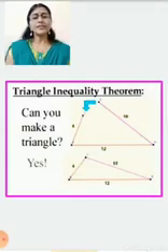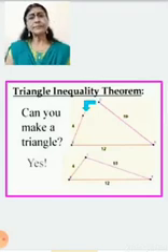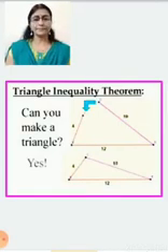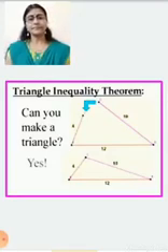Now the second combination, 12 plus 10. 12 plus 10 is 22. 22 is again greater than 4. Now the third combination is 10 plus 4. 10 plus 4 is 14. 14 is again greater than 12. So yes, we can make a triangle.